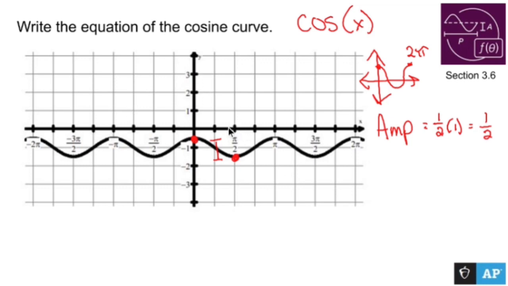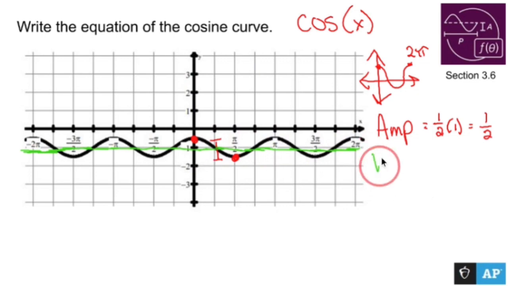Thing number 2, probably the other easy thing, is to figure out where my midline is. What my midline does is give me the vertical shift. My midline is literally me taking a line and cutting my cosine in half. That appears to happen right around here. My midline tells me where my vertical shift is.